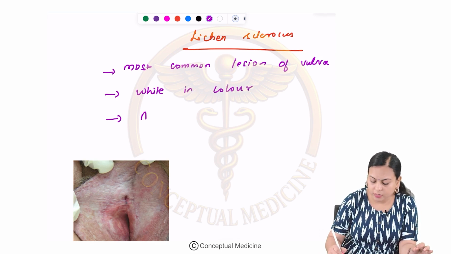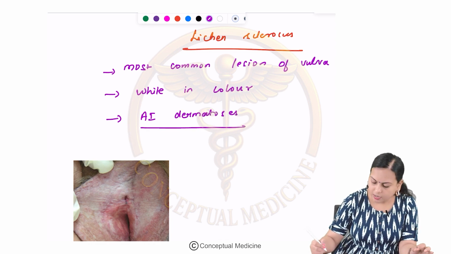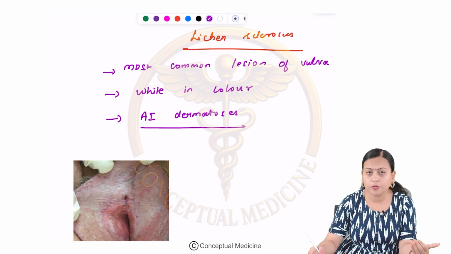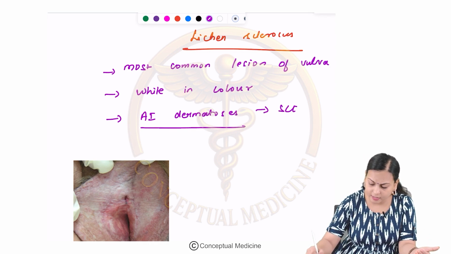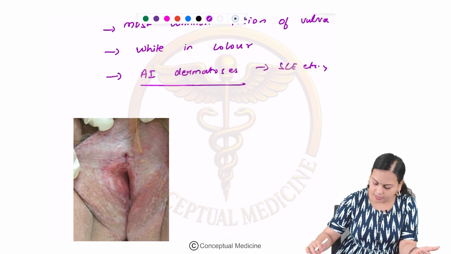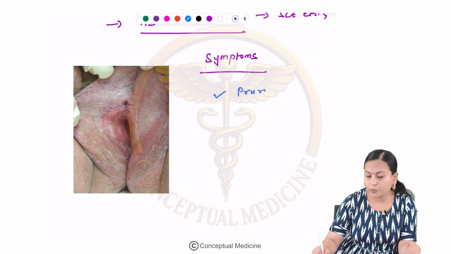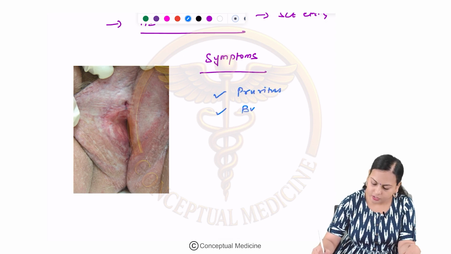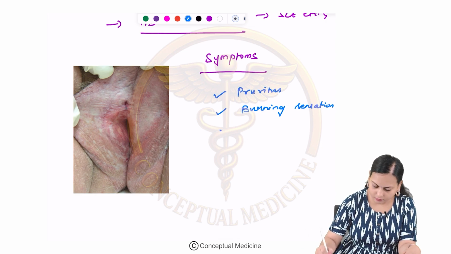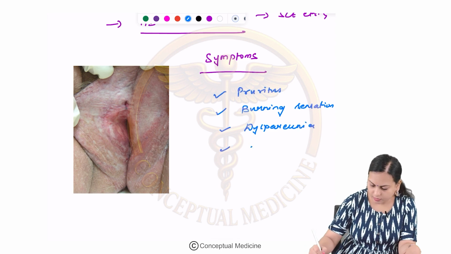It is associated with autoimmune dermatoses, so it can be associated with other autoimmune conditions as well, like SLE, etc. Usually the presentation will be with pruritus, burning sensation, dyspareunia, dysuria.